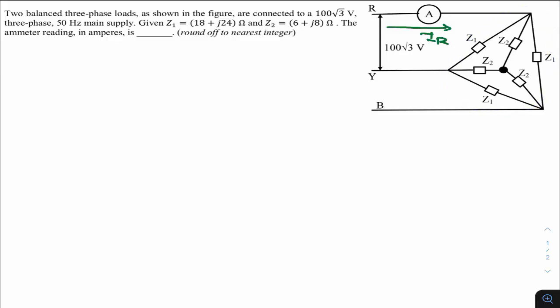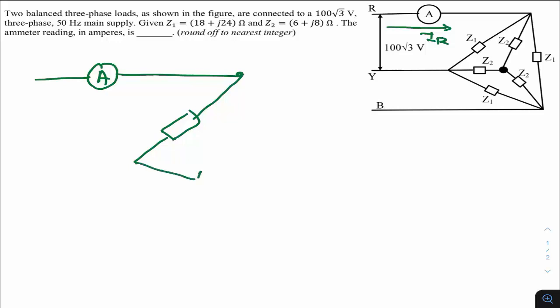So this is your R line. This is my ammeter. This is the outer delta, which I'm keeping as it is. This is Z1, this is Z1, this is Z1.